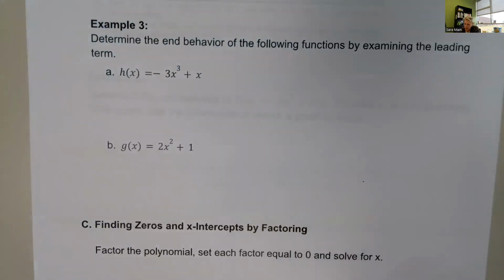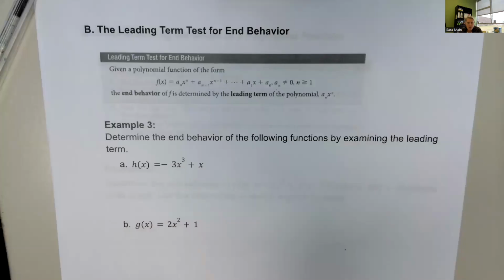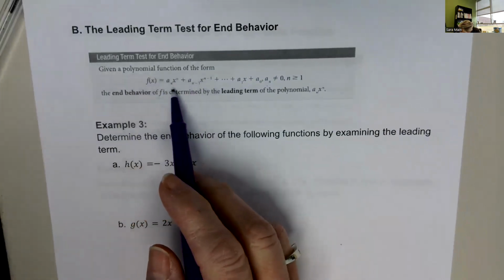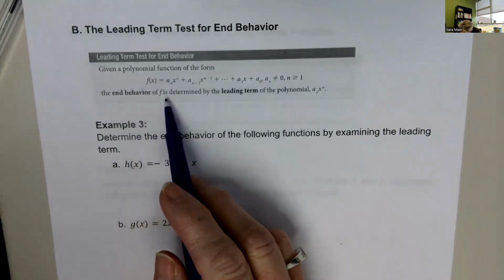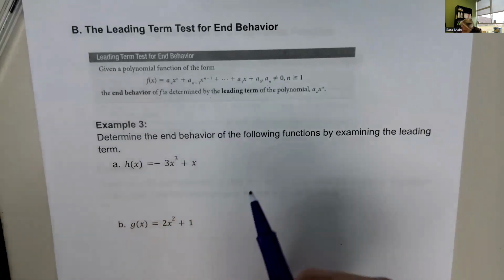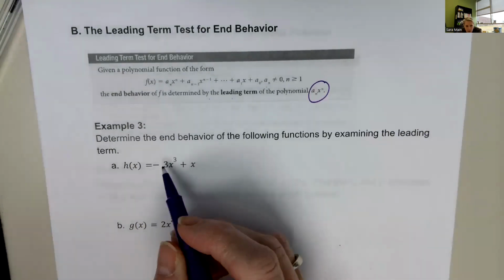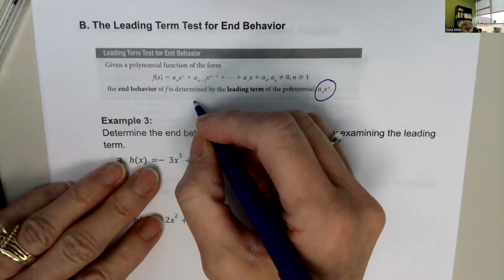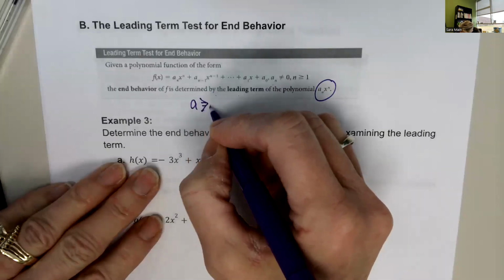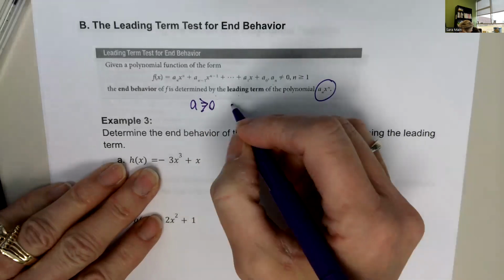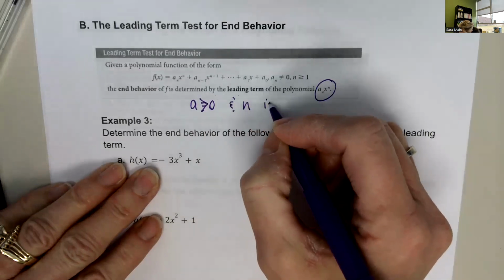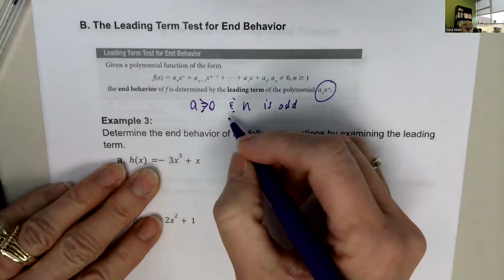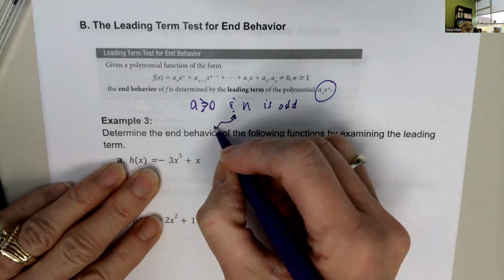Flip the page here. So next is the leading term test for the end behavior. It says, given a polynomial function of the form that we've shown you before, the end behavior of f is determined by the leading term. So the entire leading term, the coefficient and the exponent. So when a is greater than 0 and n is odd, okay, then we have this.